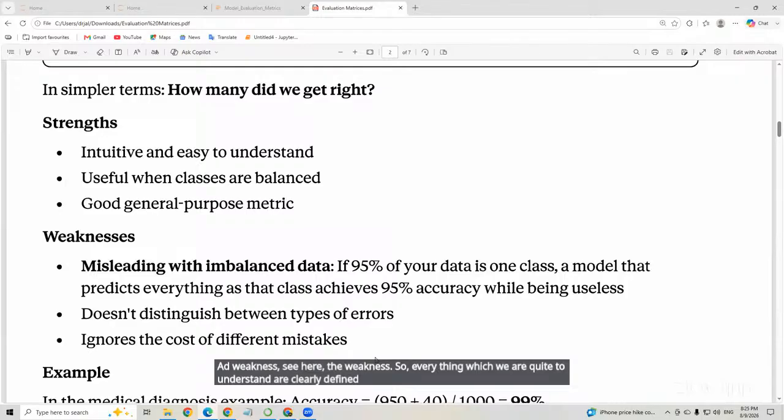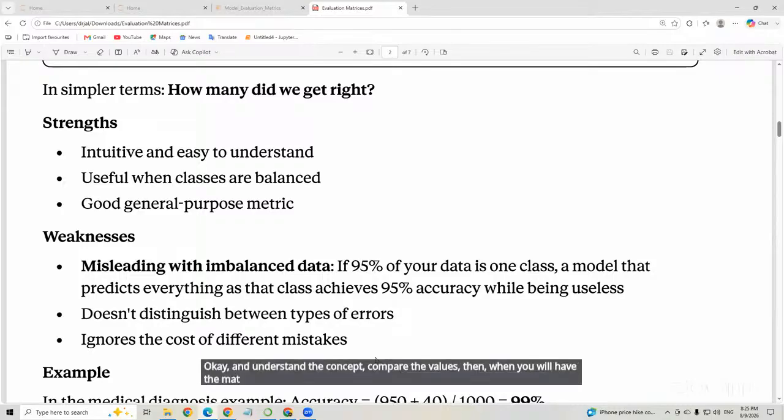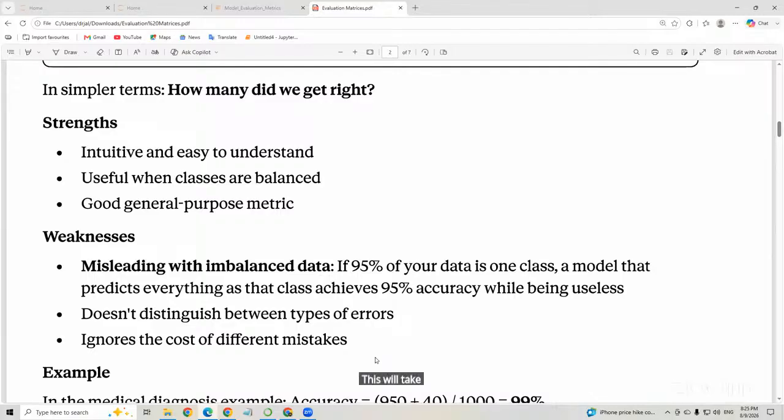As you go through the entire file and understand the concept, compare the values, and when you have the confusion matrix, compare all these values. And sometimes if there is still any confusion, this will take time to understand everything.